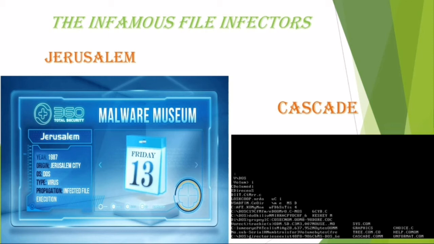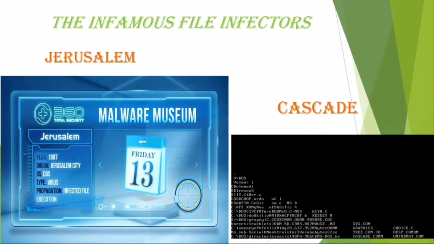Before telling you that, there is another name for it, known as the Friday the 13th virus. Why does it have such an interesting name? It activates when the system date is Friday the 13th, and it deletes all the files that are running on the computer. So this is the work of the Jerusalem virus.